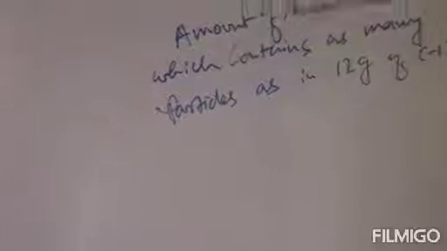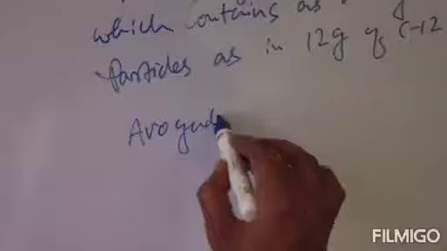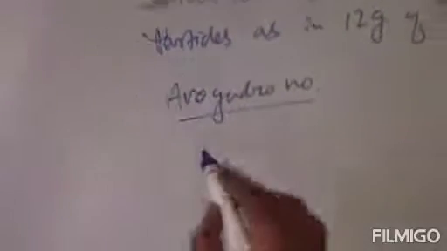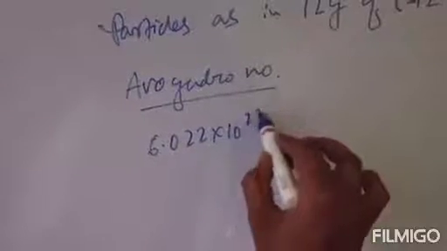Now one important question is asked from the mole concept: what is Avogadro number? Always remember the question is asked like this: write the value of Avogadro number. The value of Avogadro number is 6.022 into 10 to the power 23.